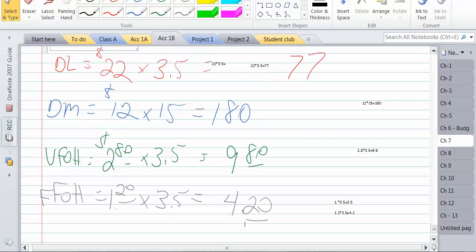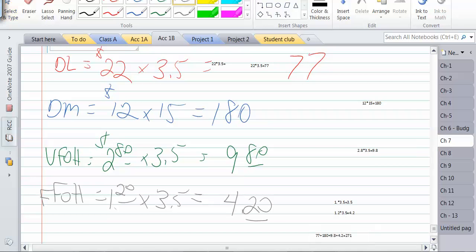Now it asks us to determine the standard cost per dining room table, so we'll add these up. So now I'm going to have the $77 plus 180 for the wood materials plus $9.80 for my variable factory overhead plus the $4.20 for my fixed factory overhead.